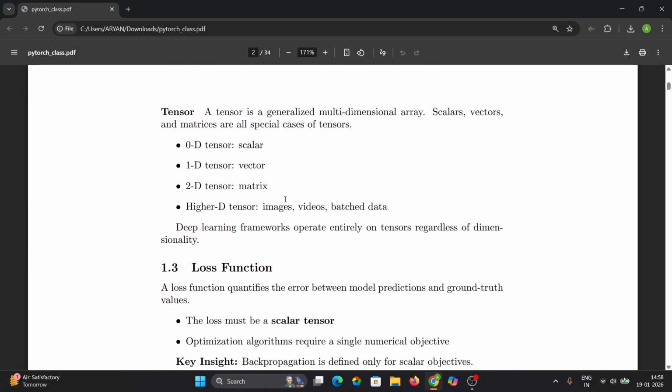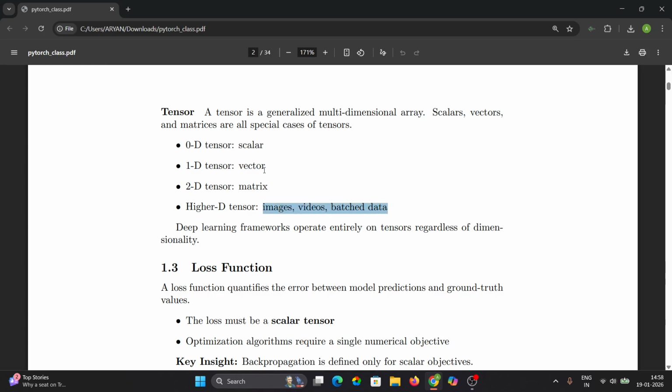Now, what is a tensor? A tensor is a generalized multi-dimensional array; scalars, vectors, and matrices are all special cases of tensors. A zero-dimensional tensor we call a scalar, a one-dimensional tensor we call a vector, and a two-dimensional tensor we call a matrix. Higher-dimensional tensors include images, video, and batch data.